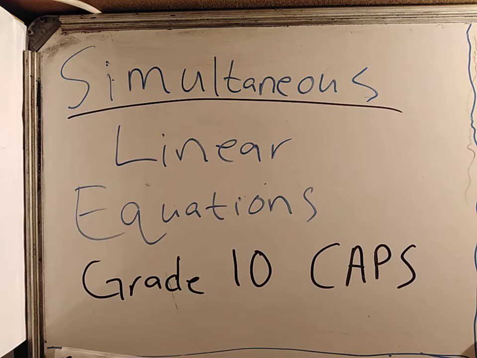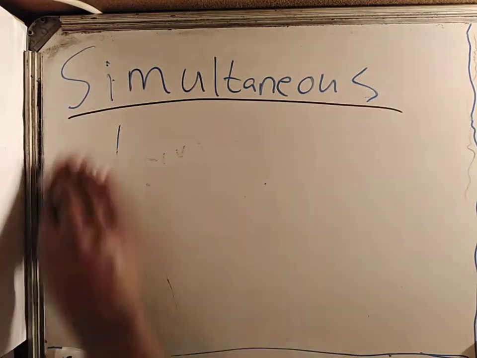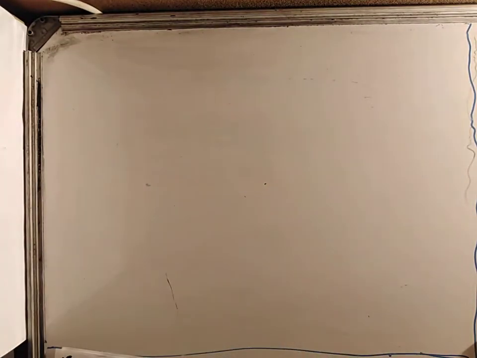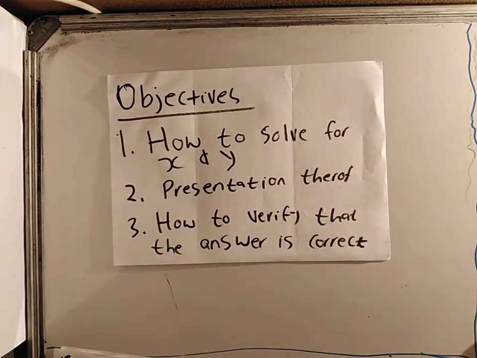Before we continue, let us establish the objectives of the day. Objective number one is how to solve for x and y, where that is a simultaneous equation. It will be asked like that. They will say solve for x and y. So how do we solve for x and y? Number two, presentation thereof.